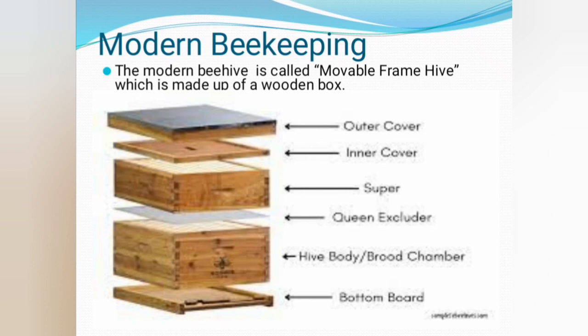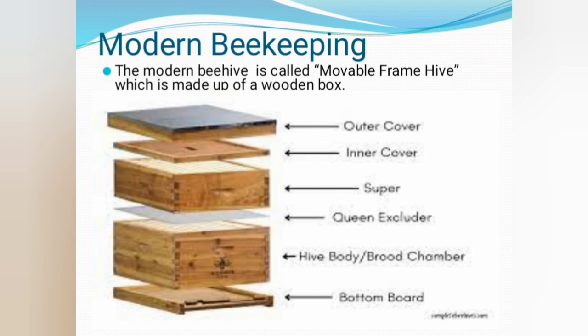It has a hive entrance. Above the bottom board there is a brood chamber, or the hive body. It is a four-sided rectangular wooden box without a top and bottom. It is kept on the floorboard.